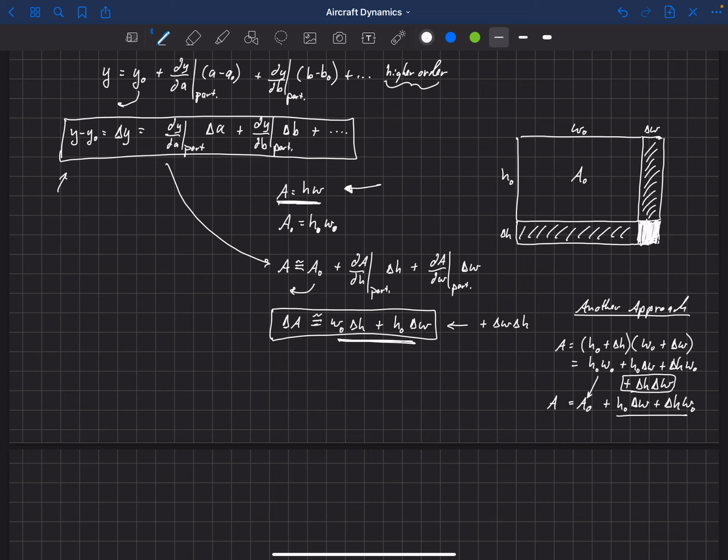And from small disturbance theory, anytime you have a small disturbance multiplied by another small disturbance, you drop that. That's this nonlinear term that you can drop. We're basically saying that something really small multiplied by something else that's really small is something that's extremely small when compared to these other terms.